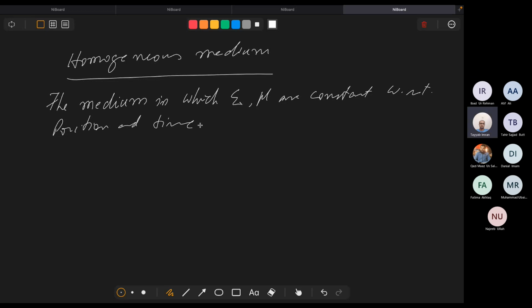Okay. So the permeability and permittivity, they are constant with respect to the position and time. अगर तो ये situation है, ठीक है.